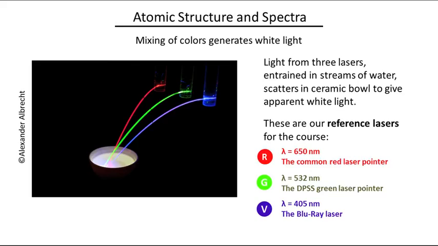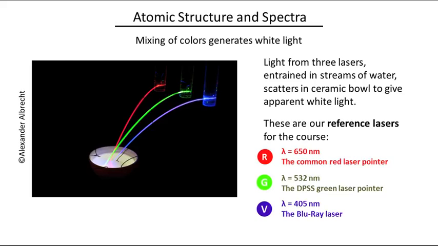You can't really see it, but these are cylinders of water with a hole poured into it, and when they're illuminated from behind, the laser light is entrained in the stream of water that's falling into a dish. What you see coming out of the dish is scattered light. It's just a random mixture of the violet, the green, and the red colors, so it looks white. In other words, this shows that the combination of these three different colors gives apparent white light.